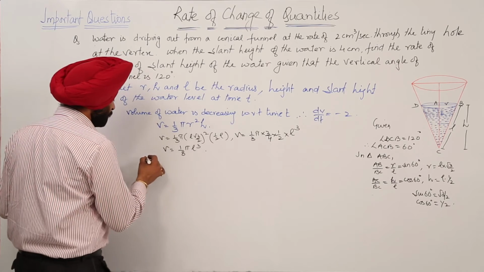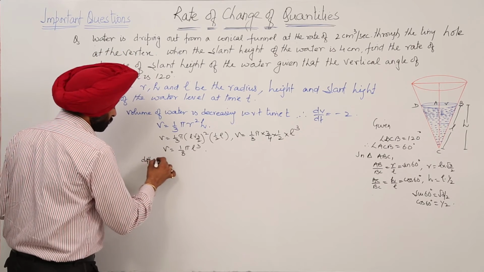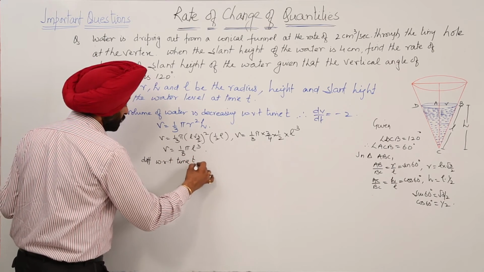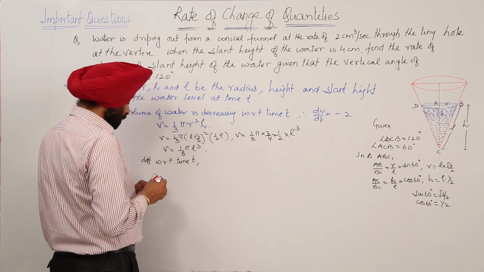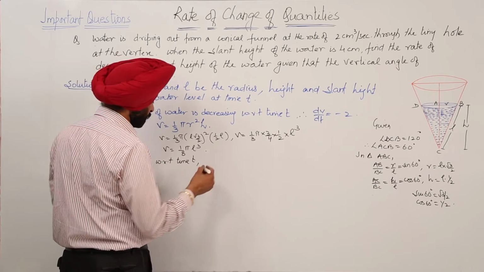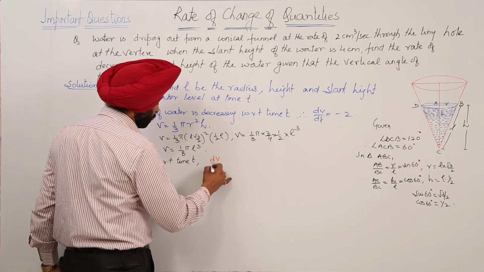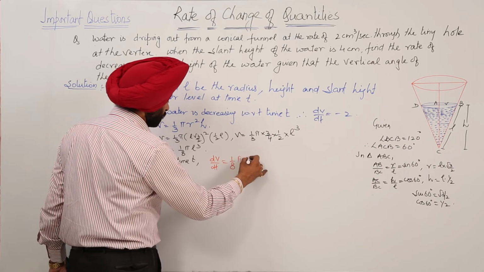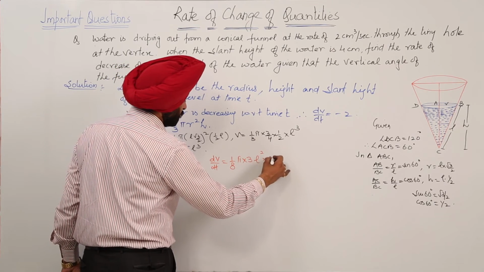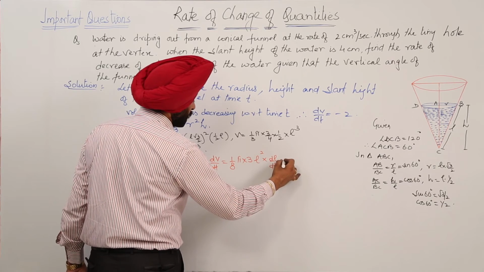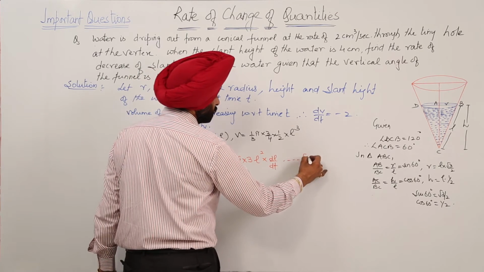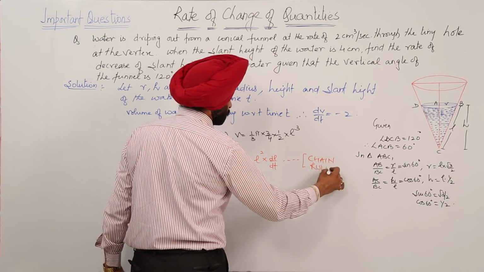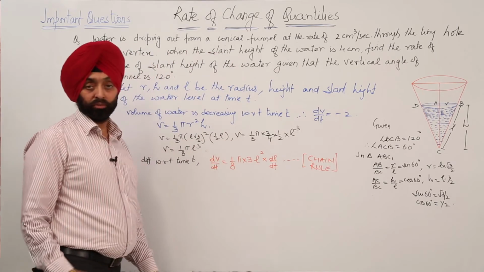Now differentiating with respect to time t. Now what we are having? dV by dt is equal to 1 upon 8 pi 3L square with dl by dt. Now what we have used? Chain rule. Okay, we have gone through the chain rule.